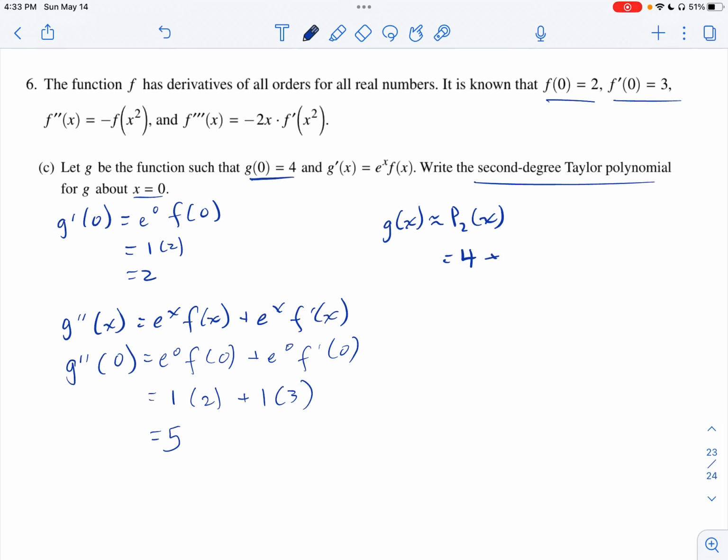Our first derivative evaluated at 0, which we said was 2, so we get 2 times x. And then all of our previous work gave us our second derivative evaluated at 0, which is 5, times x squared over 2. So this is arguably one of the easier parts of this problem, since we only needed to find a second degree Taylor polynomial.